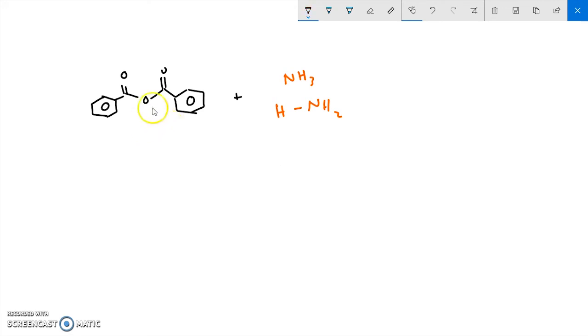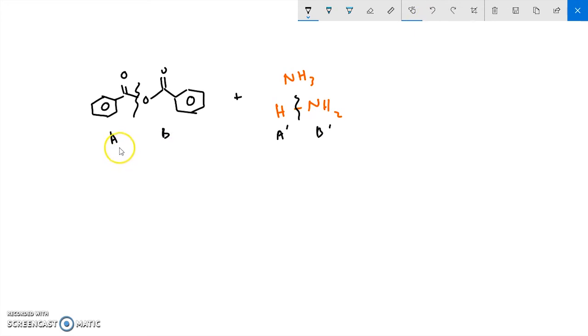Since this is a symmetrical anhydride, we can simply take one side of it, making sure it consists of the alkyl group connected to the C double bond O, while the rest will be assigned as B. This part will always be A, and then for the ammonia, we're going to separate the hydrogen. The hydrogen will become A prime, while the NH2 will become B prime.